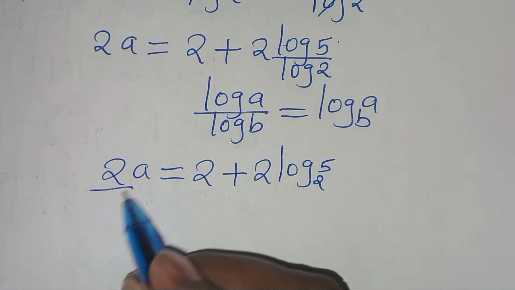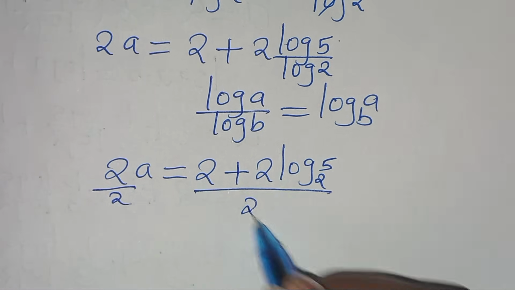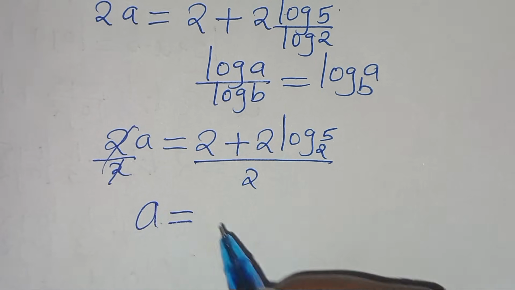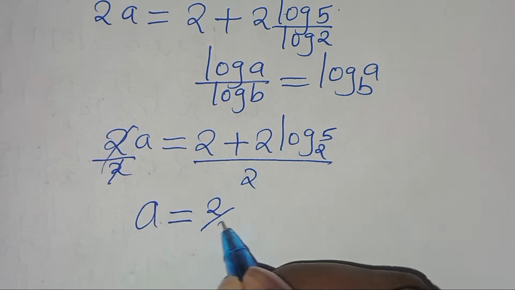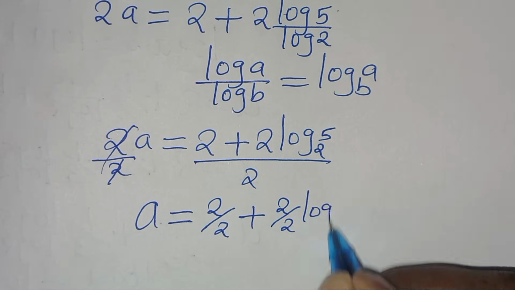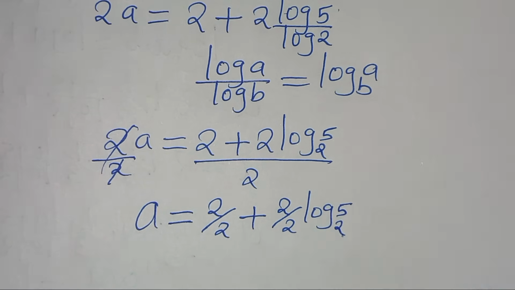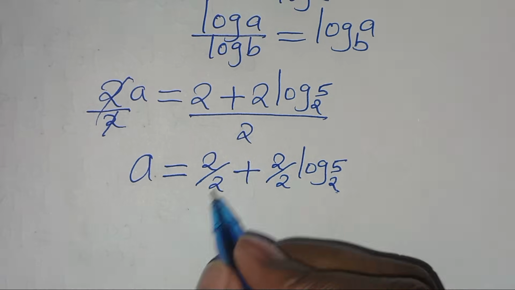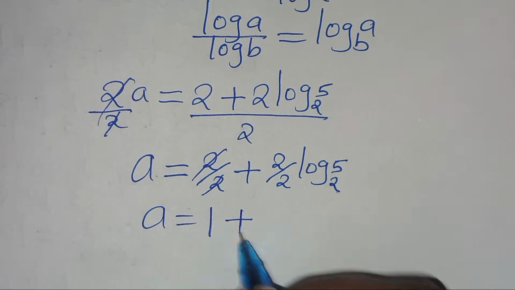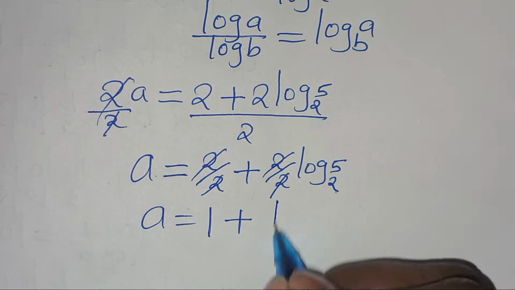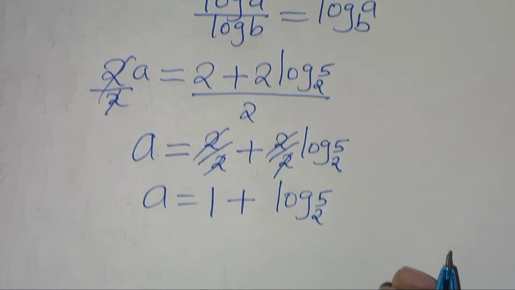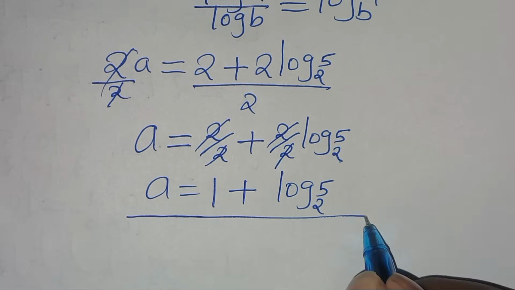So let's divide both sides by 2, so that now we have a is equal to 2 over 2 plus 2 over 2 log 5 to base 2. Let's simplify here. So we have that a is equal to 1 plus log 5 to base 2. So this is the value of a from here.